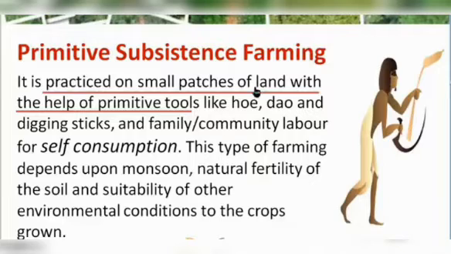This was highly practiced across India, and not only India but also worldwide. Primitive subsistence farming is also called slash and burn agriculture.